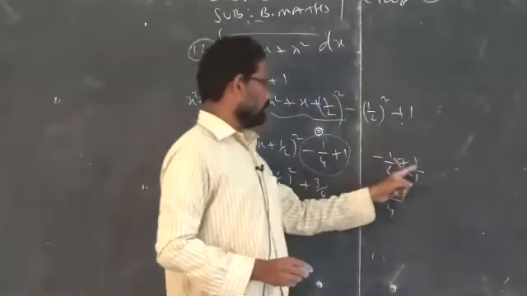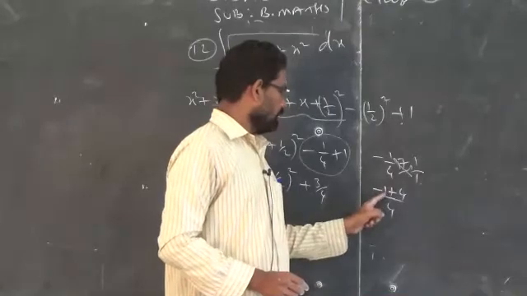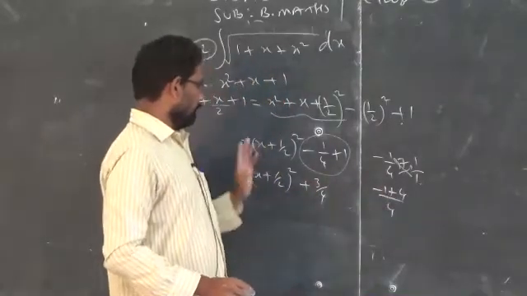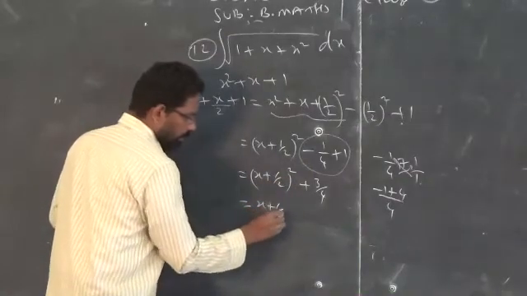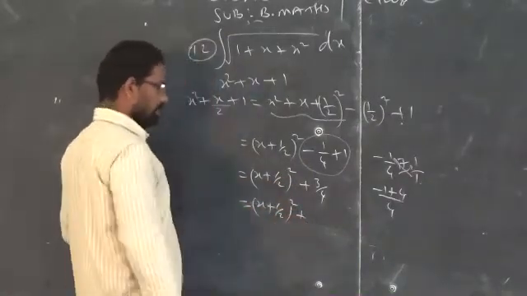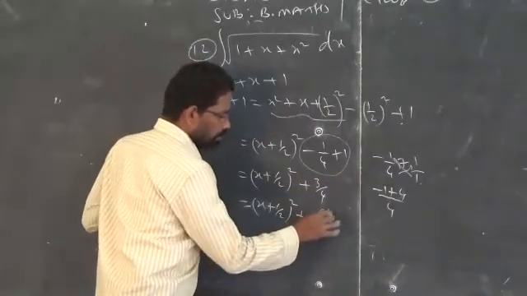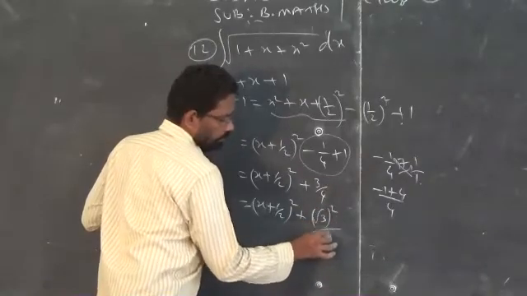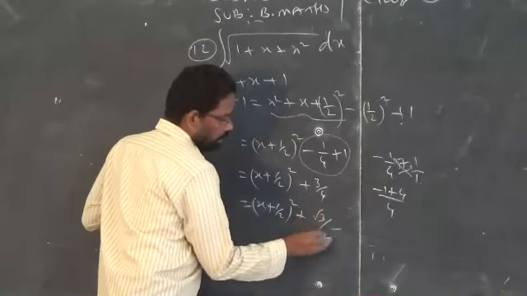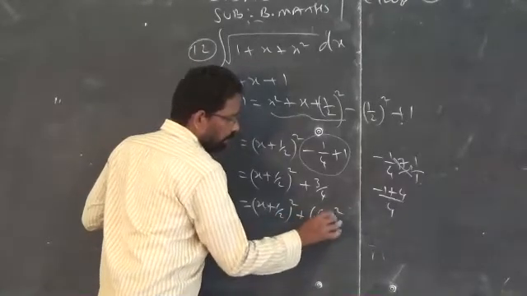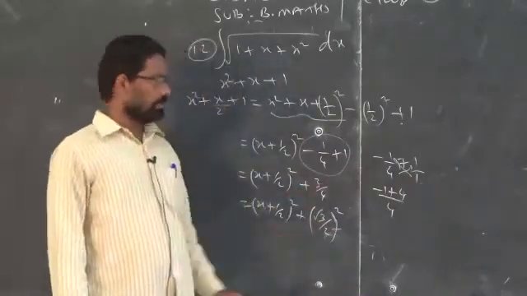Now I have a square number as the first term, so I have to write the second term also in terms of a square. You know 3 consists of how many square roots? So you can write root 3 by 2 the whole square. This I explained already, how to write 3 in terms of square root of 3.